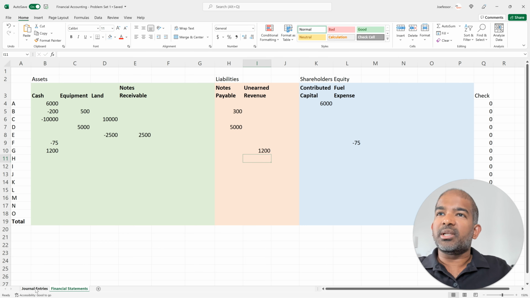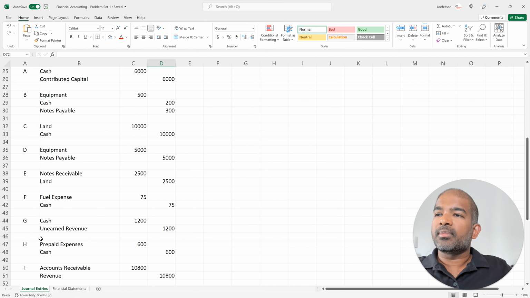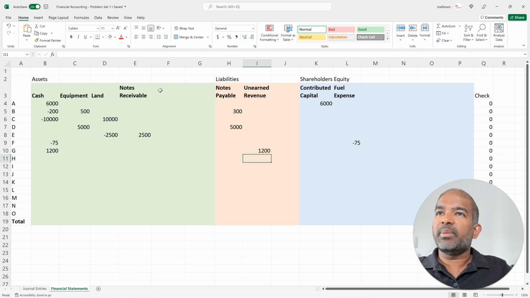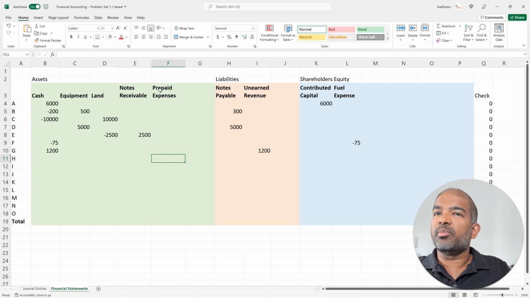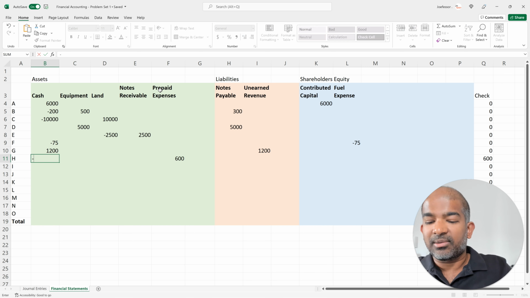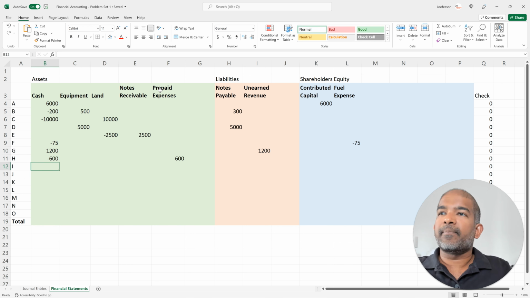Transaction H, prepaid expenses of 600 and cash goes down 600. So prepaid expenses is an asset. So that would be 600 and cash goes down 600.